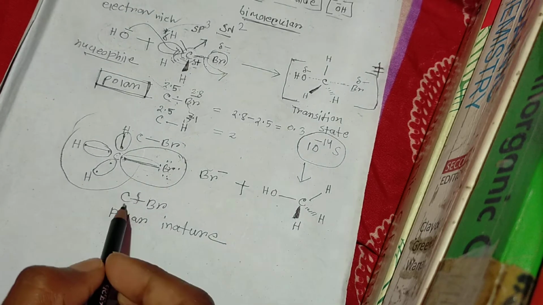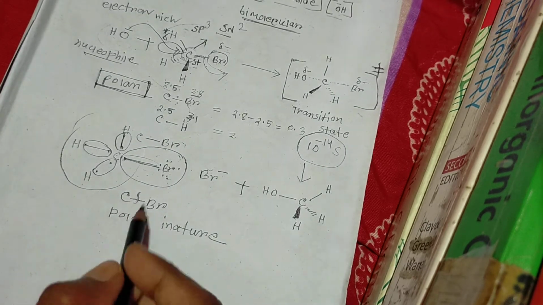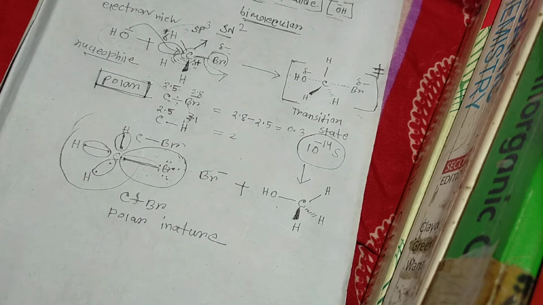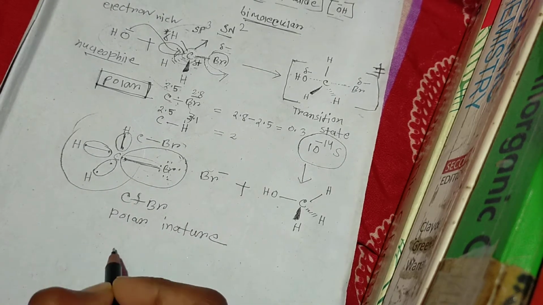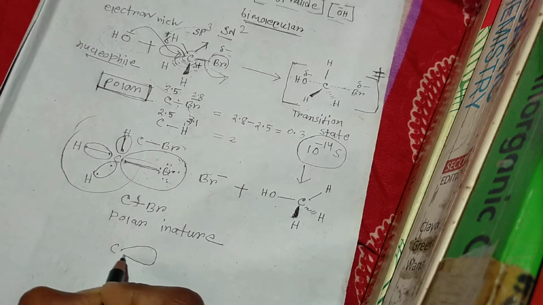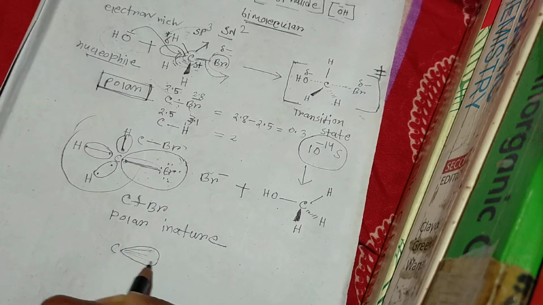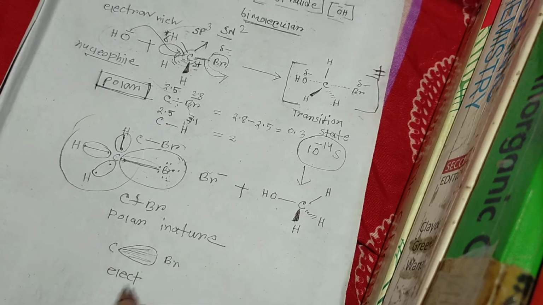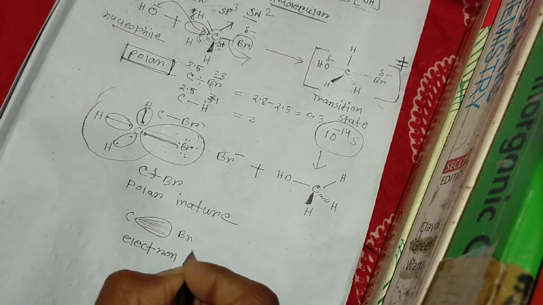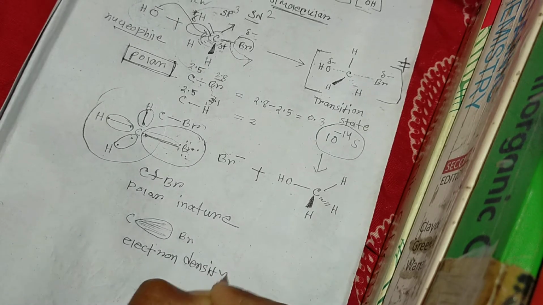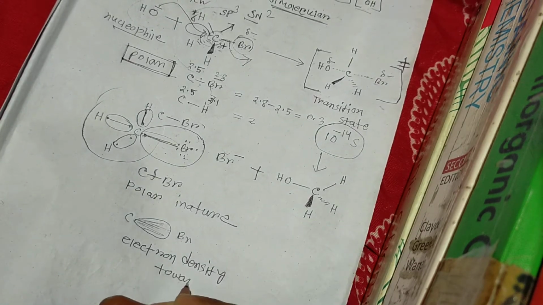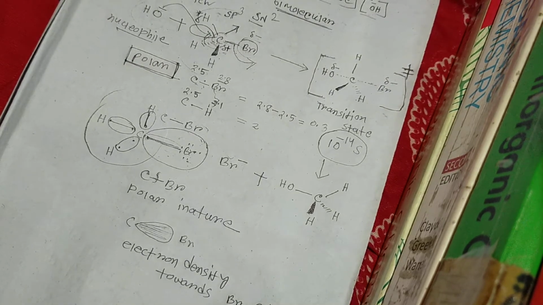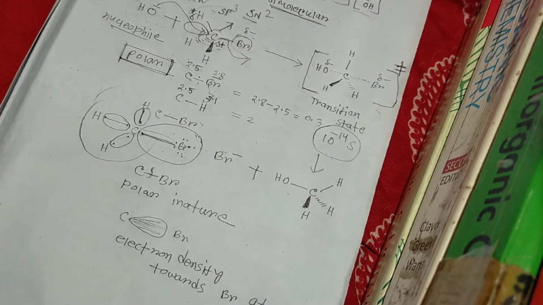Why? Because this bond is polar, and the electron density is towards the bromine atom. You got it?